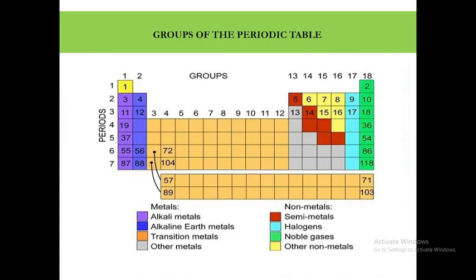In these groups, the periodic table is classified as alkali metals, alkaline earth metals, transition metals, other metals, non-metals, also abbreviated as semi-metals, halogens, noble gases, other non-metals.